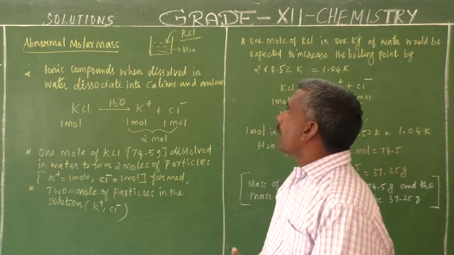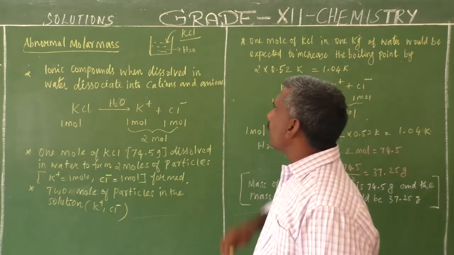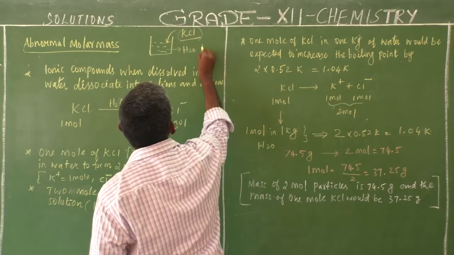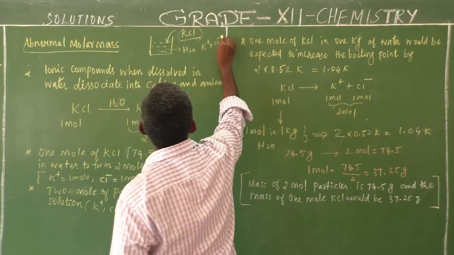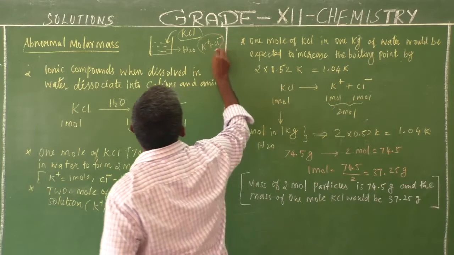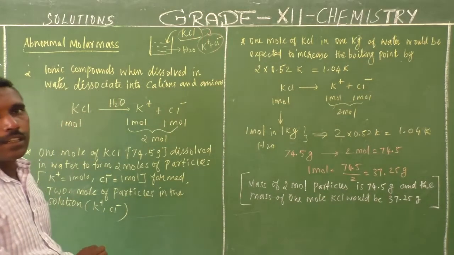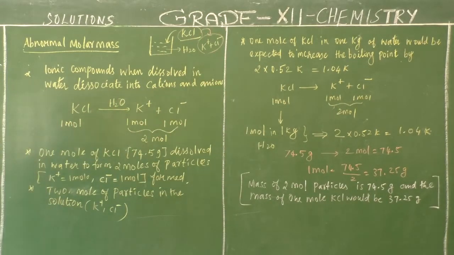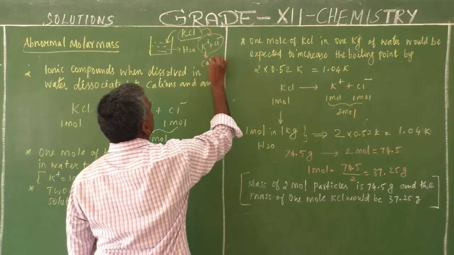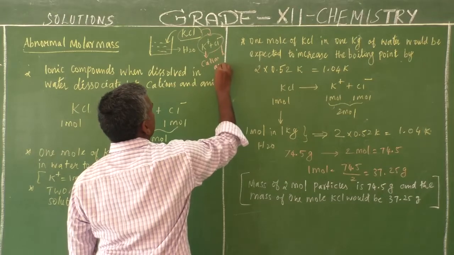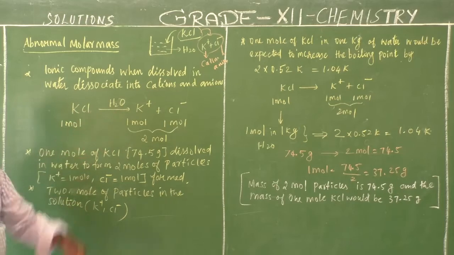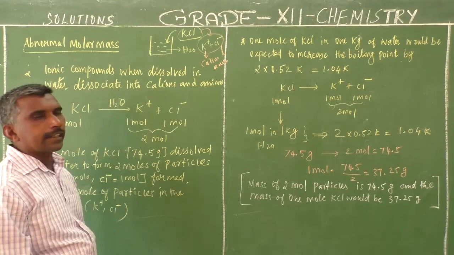When dissolved in water, KCl dissociates into K plus ion and Cl minus ion. K plus is the cation, and Cl minus, the negative ion, is the anion.